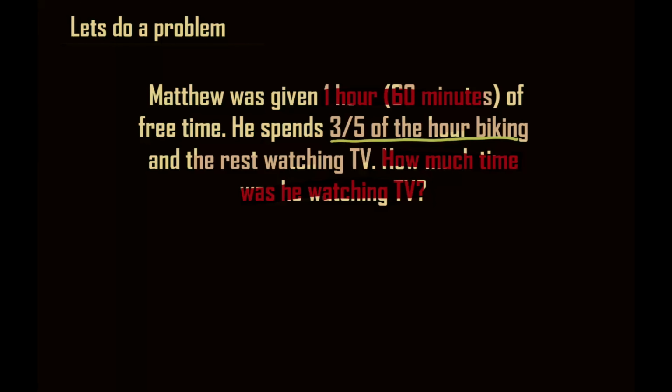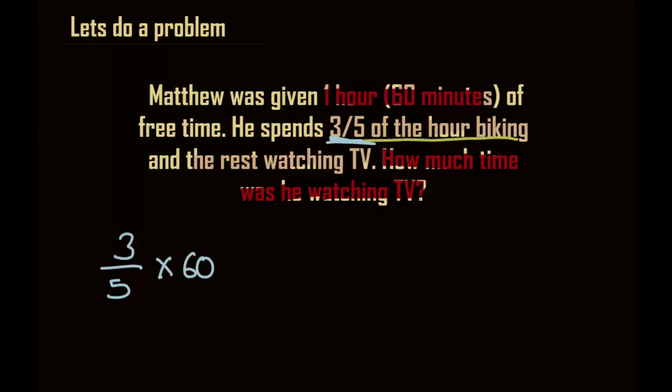So what is our hidden question? We don't know what fraction of the hour he was watching TV. So that's why we need to use 3/5, because he was biking at that time. So let's do 3/5 times 60.